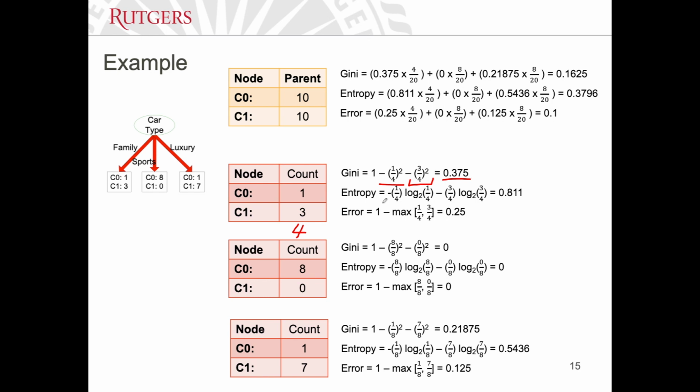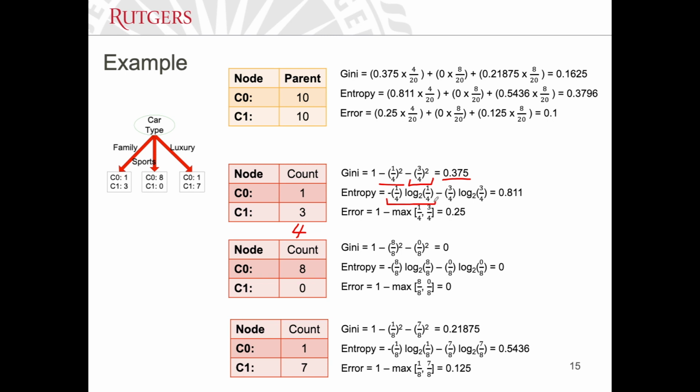And for entropy, based on the formula, this section is for class 0. So in this case, similar to the Gini value, we have 1 instance for class 0, and the total number of instances under this node is 4. So based on the formula, we have negative 1 over 4, times the log base 2 of 1 over 4.